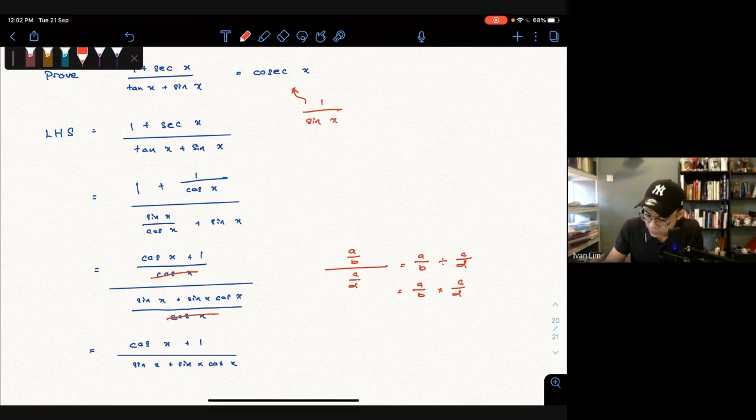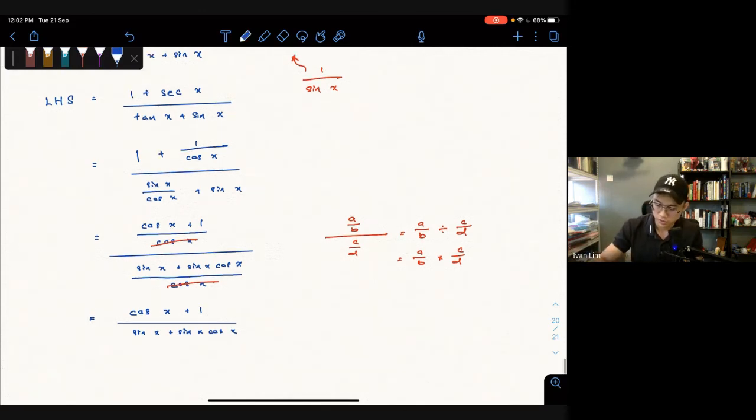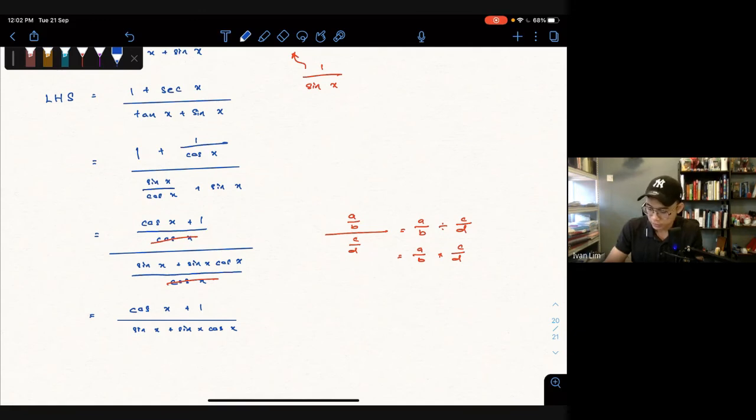Now at this step already, how can I simplify my entire equation to 1 over sine x? That's the question. On top, I want to make it 1. So at the bottom, can I make it cos x plus 1 also, or 1 plus cos x? Yes, you just need to factorize out sine x, so it'll be sine x times 1 plus cos x. 1 plus cos x or cos x plus 1 is the same thing.